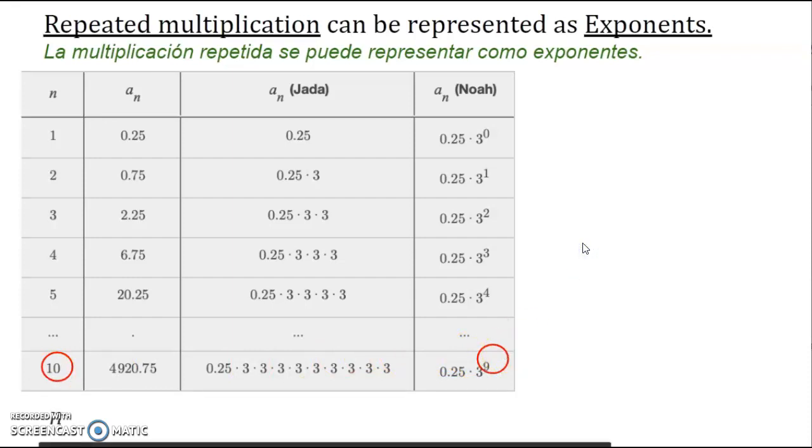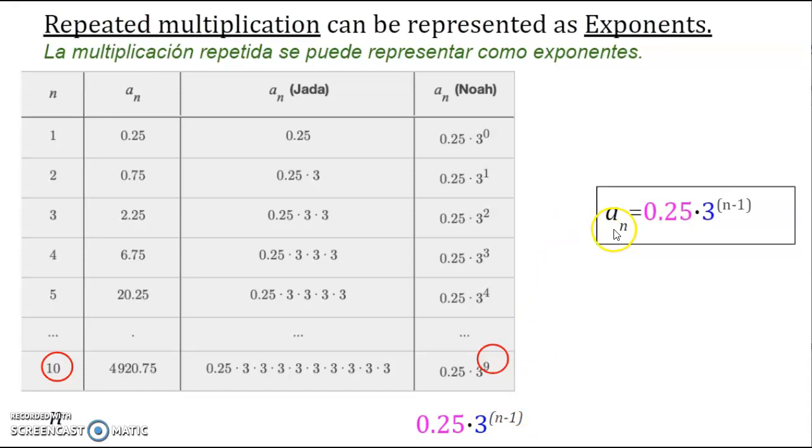So we can come up with a more generic formula: if the term number or position is n, then what's happening is 0.25 multiplied by 3, all raised to the power of not n but n minus 1. So the general formula for this sequence becomes a sub n is equal to 0.25 multiplied by 3 to the power of n minus 1.